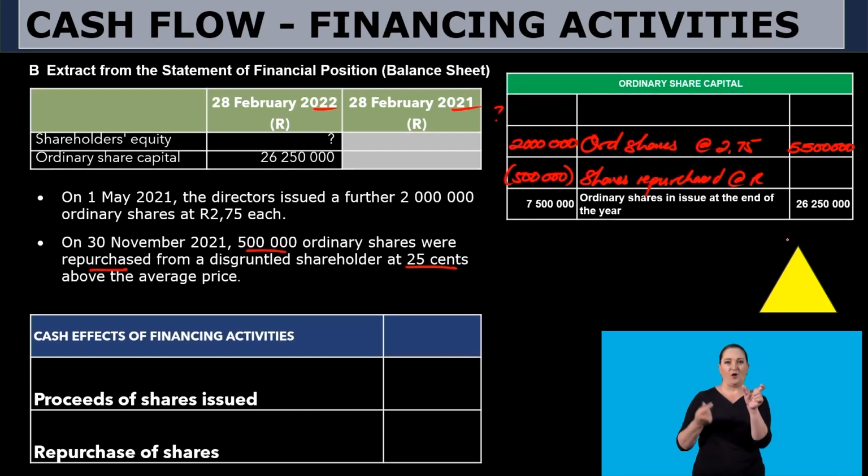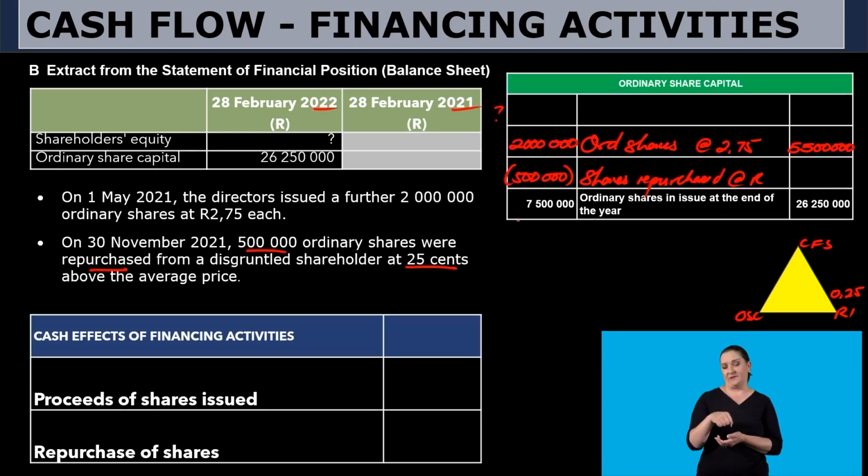Remember, the top part is what goes to the cash flow statement. On this bottom left, this is what goes to note number 7, ordinary share capital. And here on the bottom right, this is what goes to the retained income. So we are told that 25 cents is above. The above goes to the retained income. So here is the 25 cents. We need to get the average price so that we can get the cash flow amount.